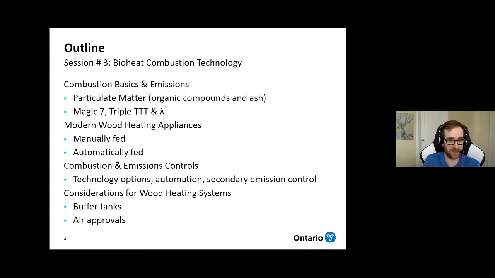And if we have enough time left, because I'm really looking forward to the questions using Slido, we're going to tackle some things that are different in North America and Europe, that North America is just starting to tackle, and mention the air approvals that you'd require concerning combustion.